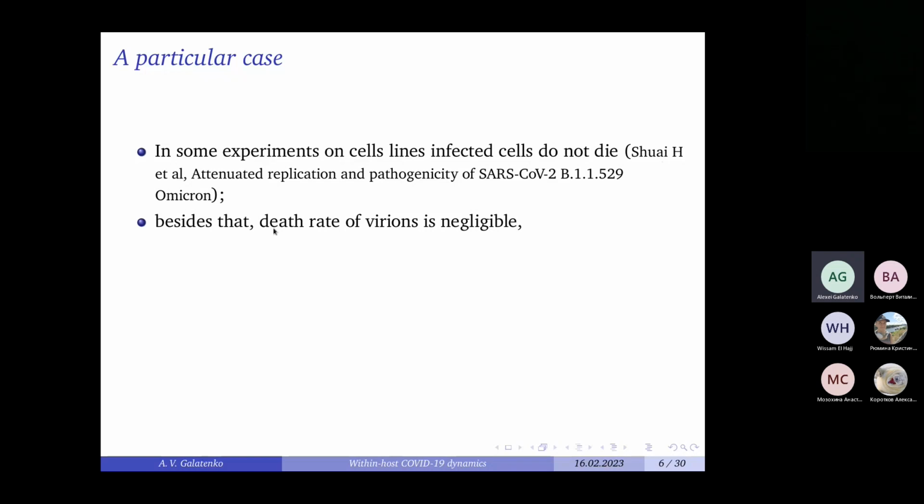Besides that, the death rate of variance is also negligible. The experiment is short, 48 hours, 72 hours, well, 96 hours, and within such a short period of time, one can consider the death rate of variance to be equal to 0. It's negligible.